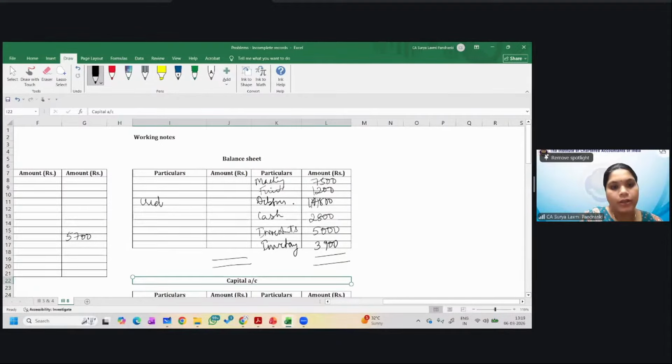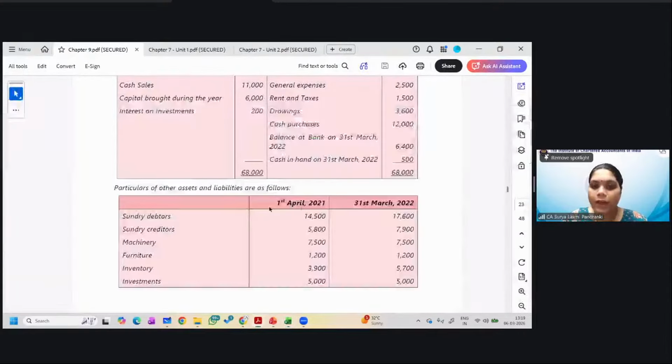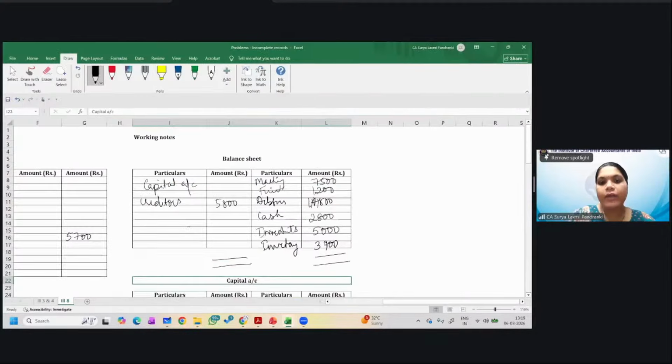Here you have creditors. Now, where did I pick all these values from? I picked all these values from this table only. It is given 1st April 2021. So I prepared on 1st April 2021 the balance sheet, opening balance sheet.